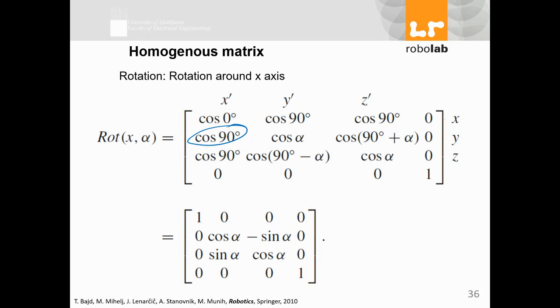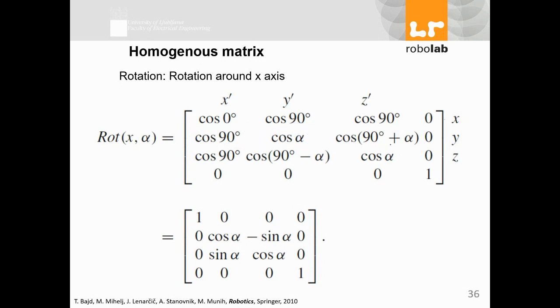Original x and x after rotation, they both are on the same axis. So it doesn't matter how much you rotate, this will stay the same. What is the angle between your y before rotation and y after rotation? Alpha. That's what we had.